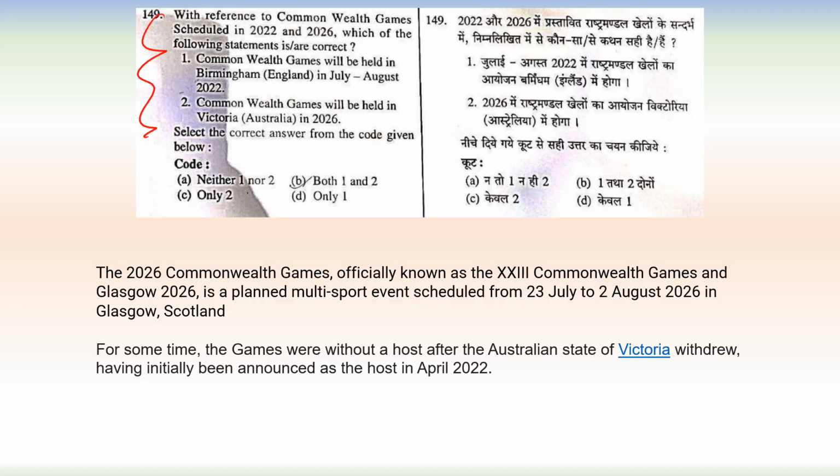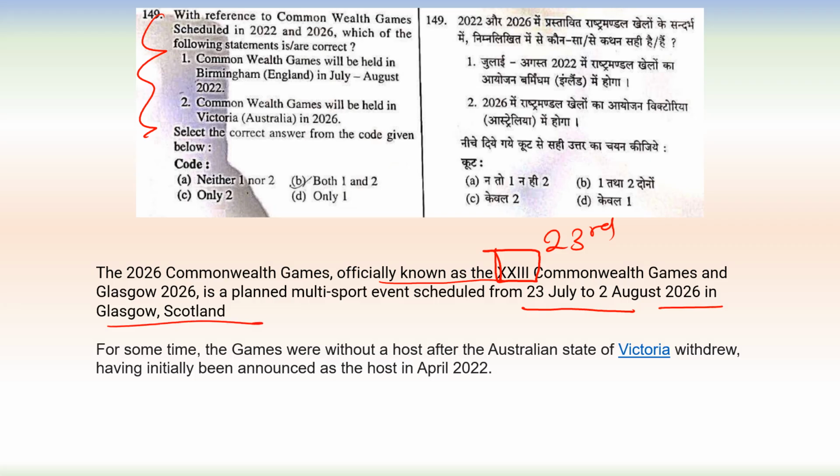The 2026 Commonwealth Games, officially known as the 23rd Commonwealth Games and Glasgow 2026, is a planned multi-sport event scheduled from 23rd July to 2nd August 2026 in Glasgow, Scotland.